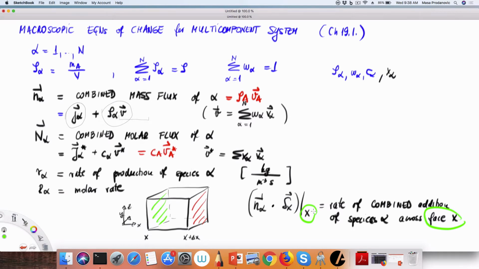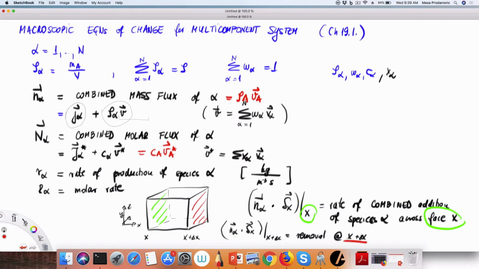And at x plus delta x, I'm removing it, right? So N alpha, whoops. N alpha evaluated at x plus delta x, that's removal at x plus delta x.